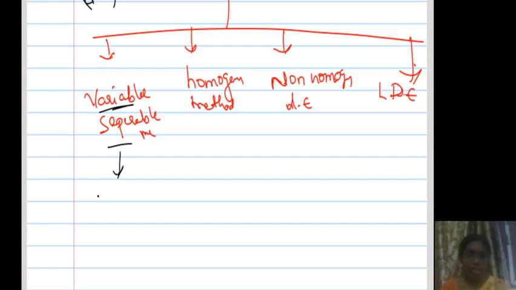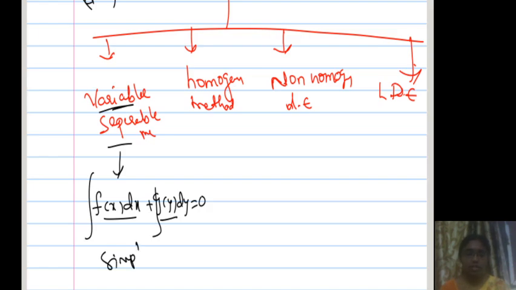It means, if it is possible, x terms are kept on one side and y terms on the other side. If the given differential equation is like that, then you integrate separately, simplify, and get the general solution. It is very easy, the variable separable method.